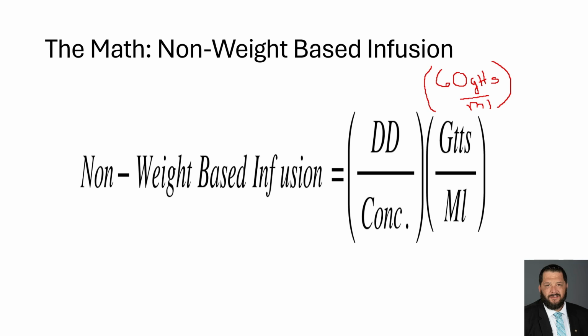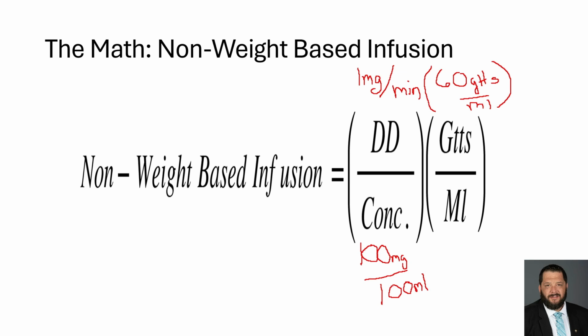Let's give a hypothetical situation where we need to give a dose of medication at 1 milligram per minute. Our desired dose would be 1 milligram per minute. We'll say that we have a concentration pre-made up in a bag for us of 100 milligrams in 100 milliliters of this imaginary medication.